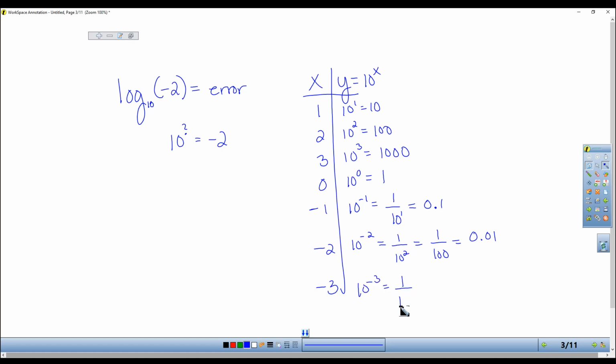Do you see where this is going? This is going to become very, very, very small. But is it going to become negative?